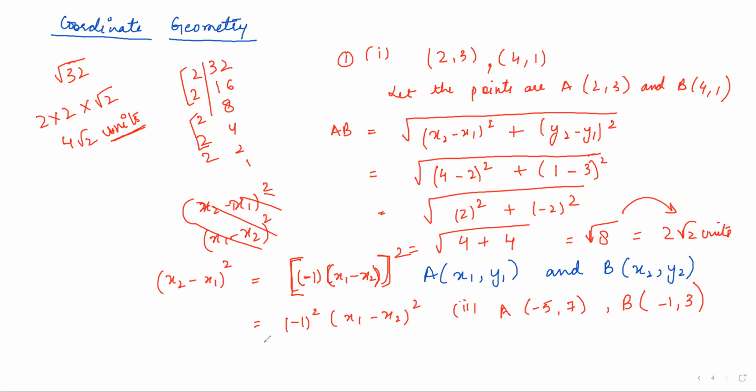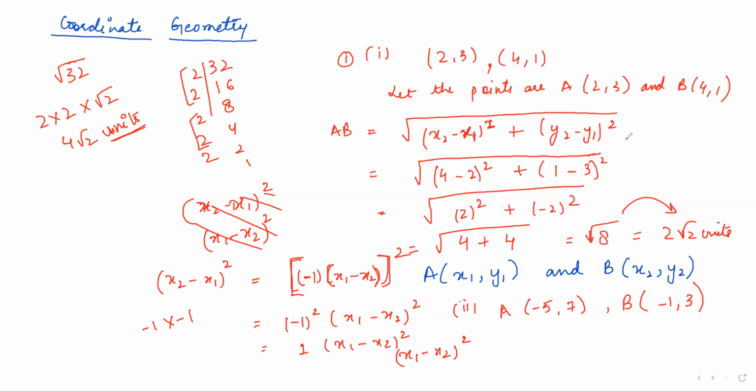So (minus 1) whole square is always 1, because minus into minus becomes plus. And 1 multiplied by anything is again (x1 minus x2) whole square. So it does not matter whether you write x2 minus x1 or x1 minus x2, you will get the same thing.